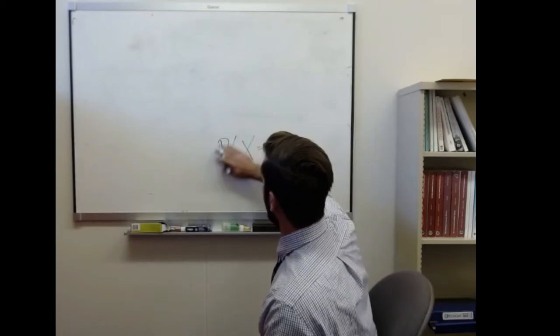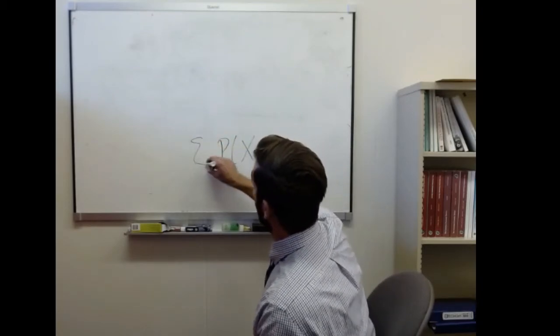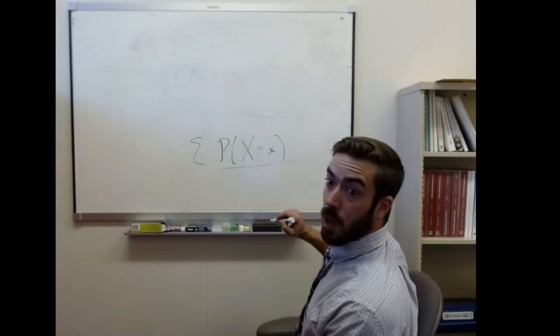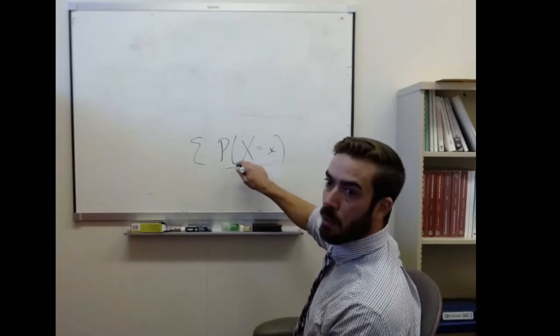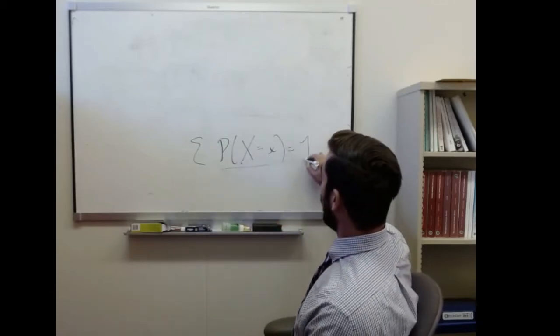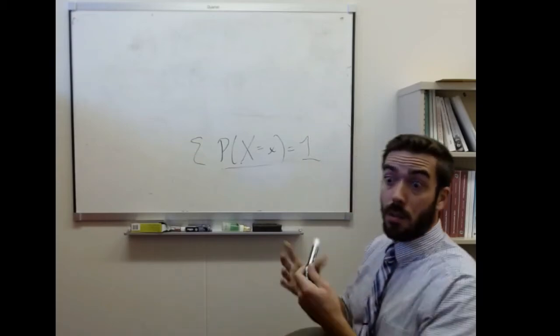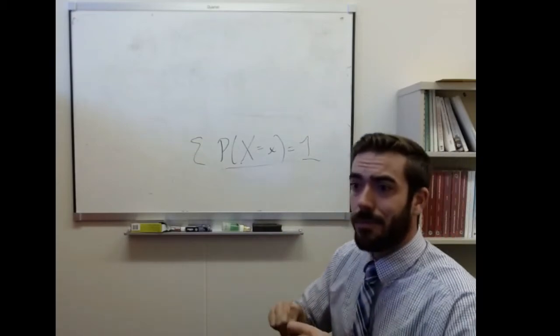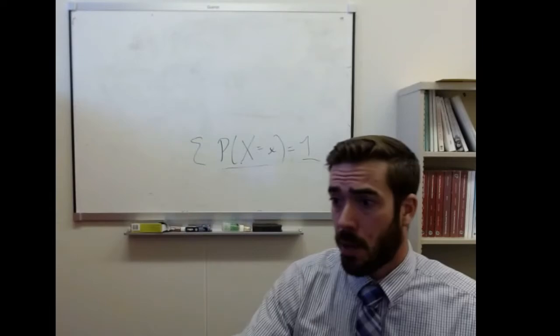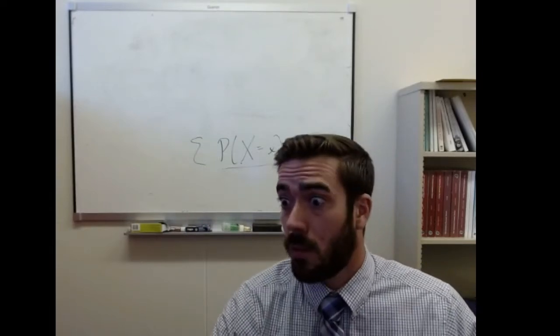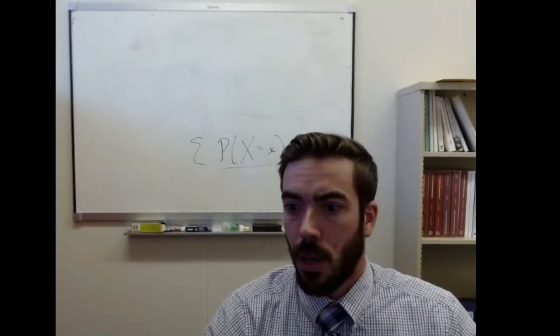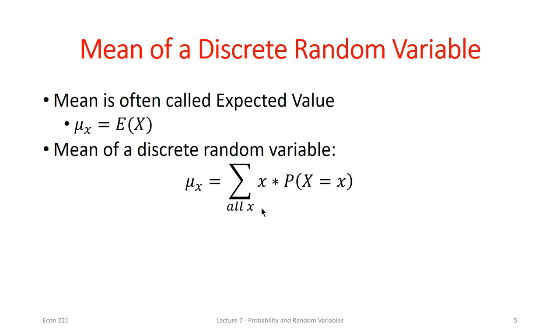So it should be the sum of the probability of every single possible outcome. But if we add up the probability of every single possible outcome, we know those should add up to 1, right? If we take every possible outcome and add up the probabilities, at least one of them will occur, so the total should be 1. So there is kind of a denominator here, it's just that it's 1, so we essentially can ignore it.